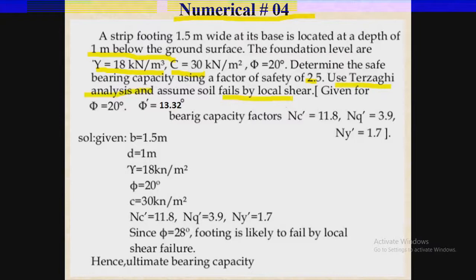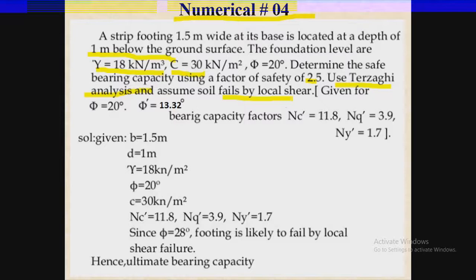So now the case is changed. The first numerical was simple, in which case we assumed the general shear failure, and we found the value of the net ultimate bearing capacity and the gross safe bearing capacity. The second numerical was related with sandy soil, in which C was 0, and we found out the depth of the foundation.